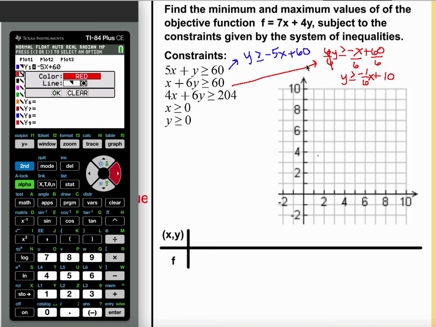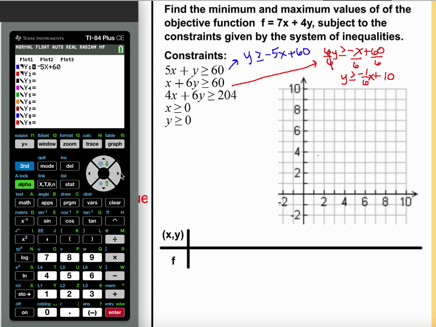Now this does say that y is greater than or equal, so I do want it to highlight above the line. So you see how this triangle is above where the line would be. So we're good here. In this menu I could also change which color I wanted. Now if you don't have the color edition, that's not going to be very useful, and I don't even think it will be there. But there we are.